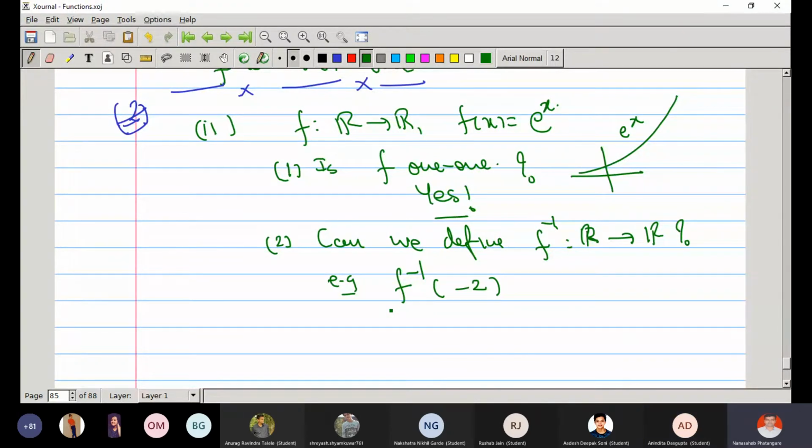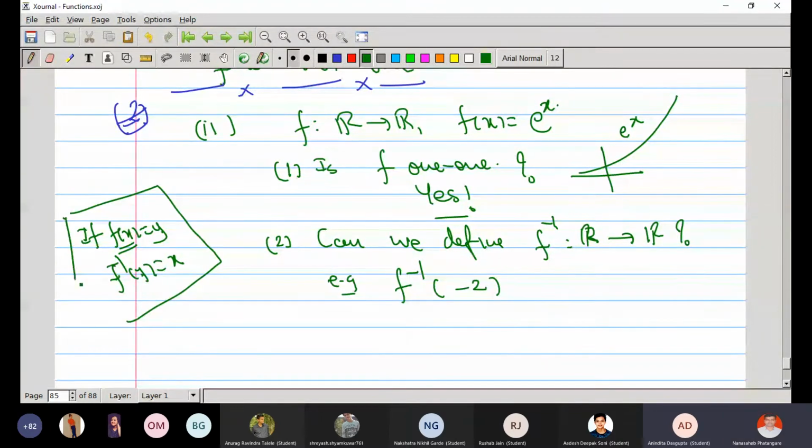Go back to the definition. If f of x is equal to y, then f inverse of y is equal to x. That means if you want to define the inverse function, y should be the image of some element in the domain. If you want to define f inverse of y, y must be the image of some element under f. Is -2 the image of any element under f?